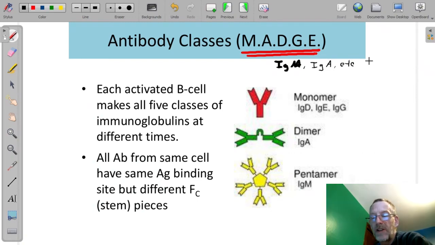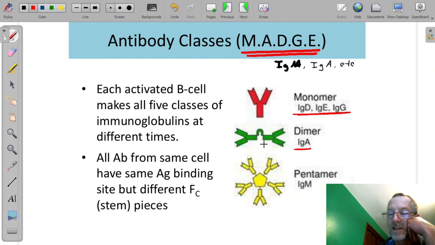So this slide shows 3 different arrangements. So IgD, E, and G all just form monomers, just a single antibody as we've drawn them. IgA is a dimer. There are 2 of them that are stuck stem to stem. And the antigen binding sites are out at the end.